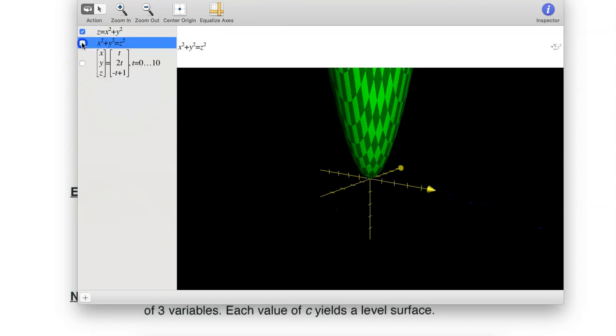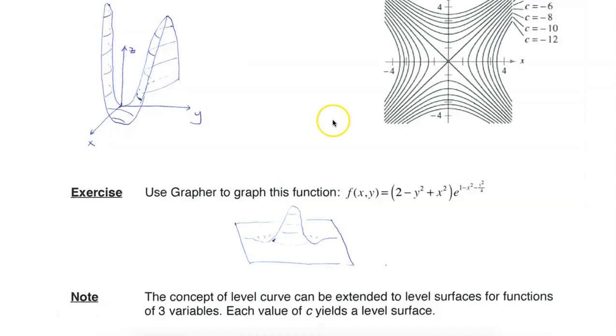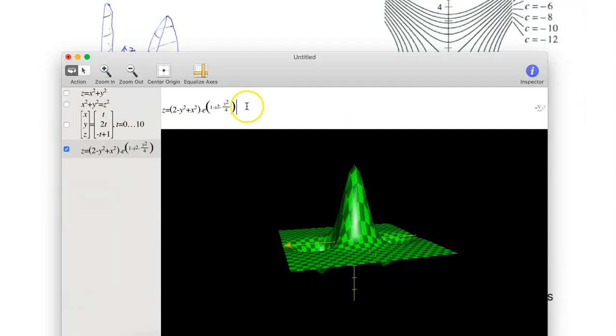So if we want to type the equation of the function that we are given, you will need to type in the equation. Let me do it again. I had to try first.